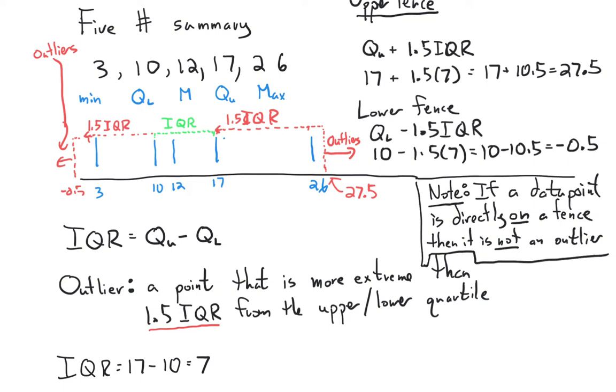So we don't have a data point outside our fences, so we don't have any outliers in this data set, however big this data set is. Remember, this data set doesn't have 5 elements. This is the 5-number summary of the data set. And between each of these 5 numbers, there is roughly 25% of the data.